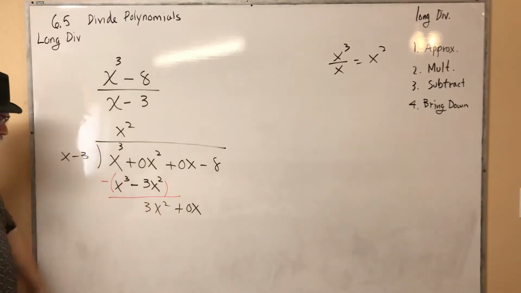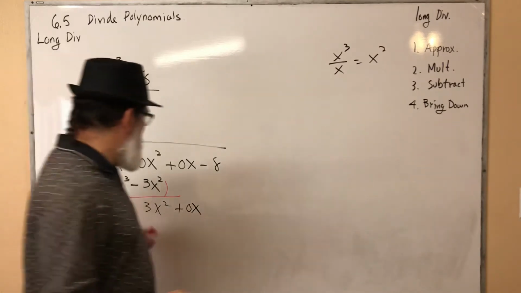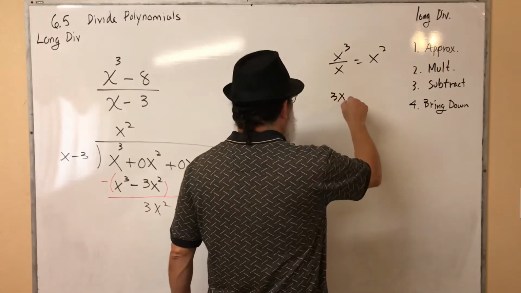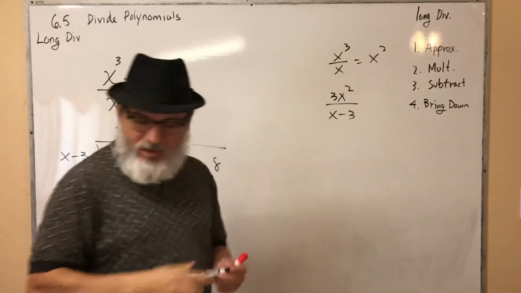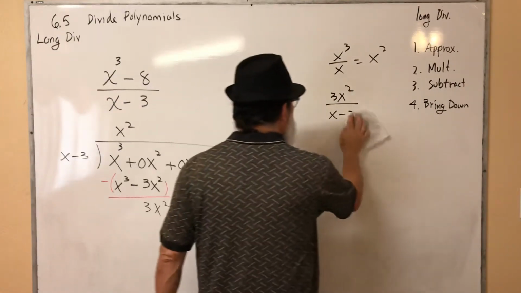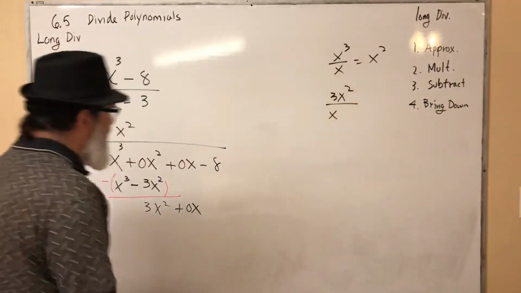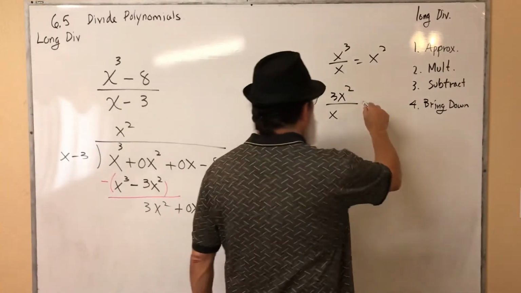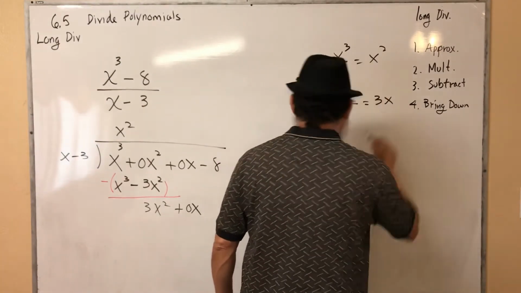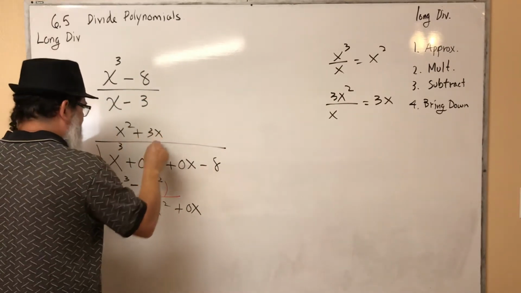Do it again. 3x squared divided by x minus 3, but we drop the constant right there. You guys know that. And what do we get? 3x. So this is plus 3x.